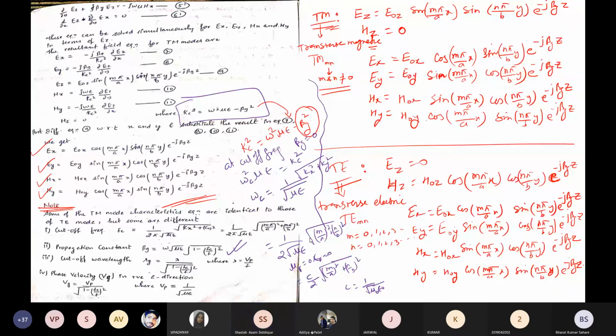If you are not understanding, I'll try to solve how we can find this equation. We have already gone through it, but let me show the solution. We have kc square is equal to omega square mu epsilon minus beta g square. I am trying to find the beta g value.